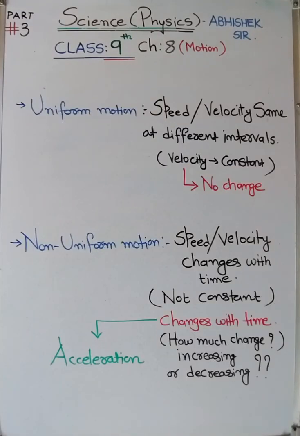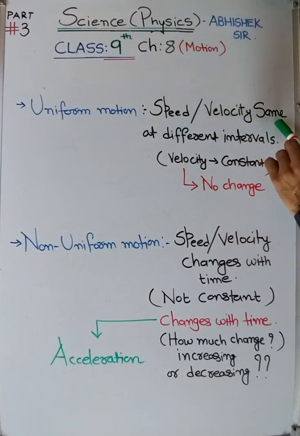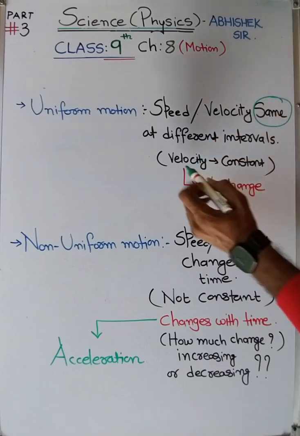Now, the concept of acceleration lies in the types of motion that we have studied, uniform and non-uniform. So let us understand why we are studying acceleration, and how motion is related to acceleration. In uniform motion, speed or velocity remains the same at different intervals, right?